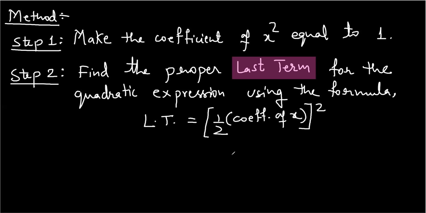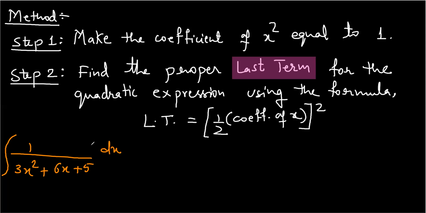So in order to explain the first two steps, let me have a question here. Suppose I have to integrate 1 upon 3x square plus 6x plus 5 dx.